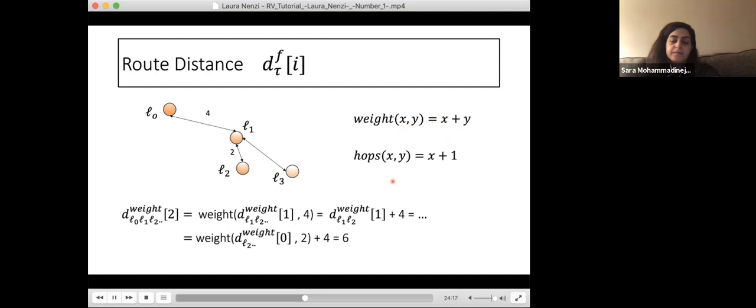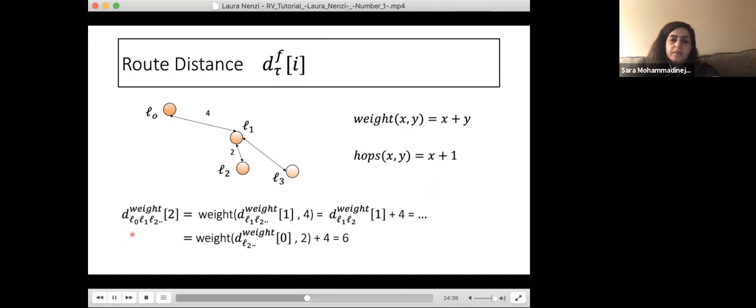And another possibility is, for example, the hops, where you are not going to sum the value on the edge, but you are just summing one for each edge. So what you are doing here is counting the number of hops that you have in the route.